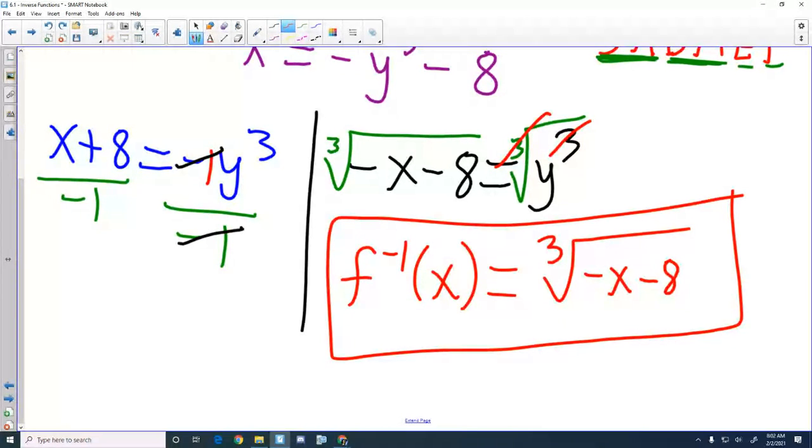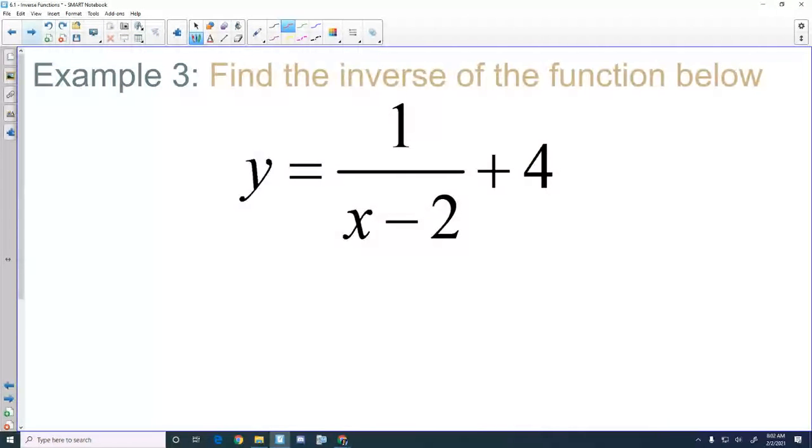Doing okay so far? Got two more. One easy one, and then another one that's gonna knock your socks off. So I hope you're wearing flip-flops. Not yet. Find the inverse of this function. This is called a rational function because it's a ratio. The x is in the denominator.